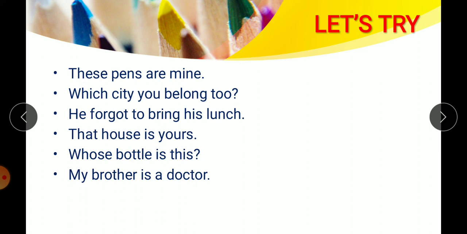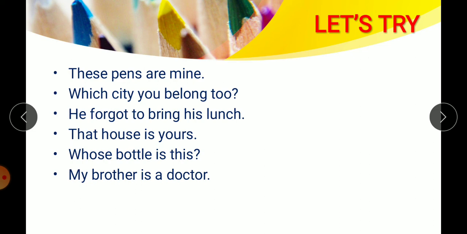They are interrogative adjectives. So which is an interrogative adjective and it is followed by a noun also, city. He forgot to bring his lunch. His. Lunch. किसका lunch है? His. So lunch belongs to him. So the word his is a possessive adjective. That house is yours. That is a demonstrative adjective followed by a noun, house.